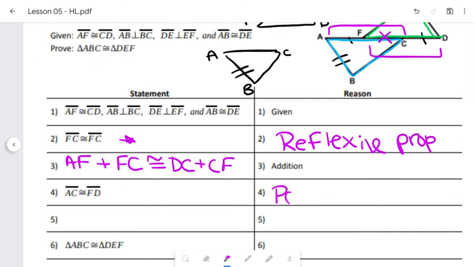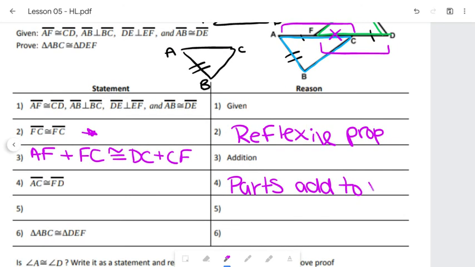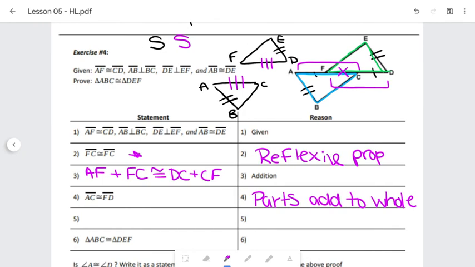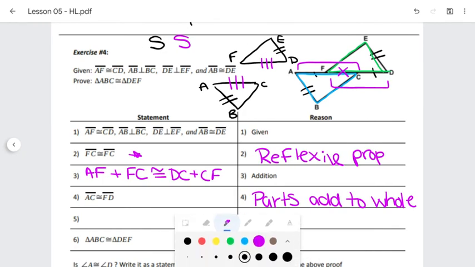This is your parts add to the whole. Okay. And now that means I would have AC and FD. So now I have two sides so far. There's still one piece missing to finish this off.